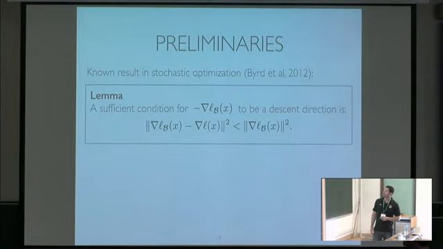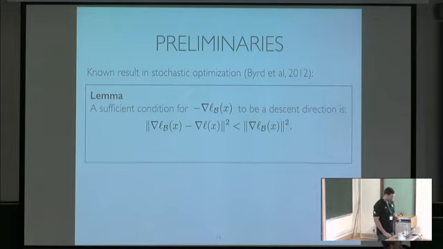And there's a result by Richard Byrd and Jorge Nocedal et al. from 2012 that says that we know that a gradient direction is good if the difference between our stochastic gradient direction and the true gradient direction, so the error in our gradients, is less than or equal to the magnitude of our stochastic gradient direction.